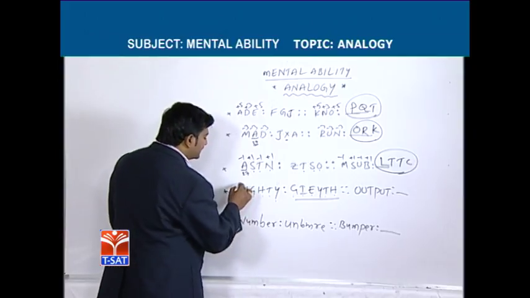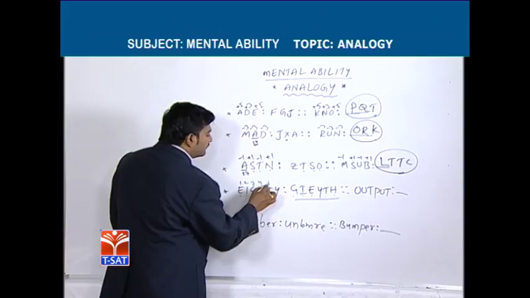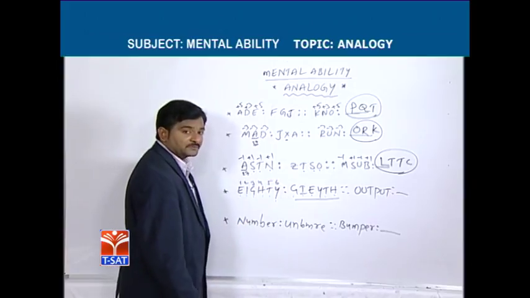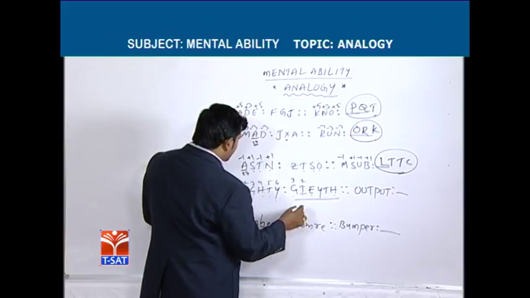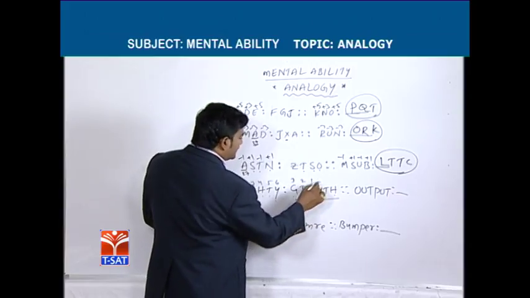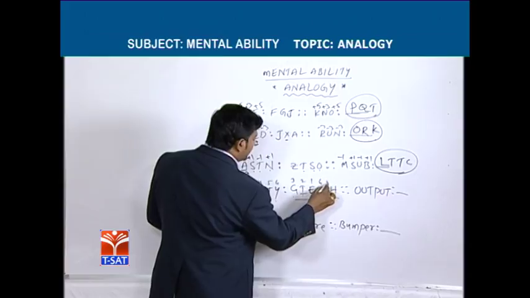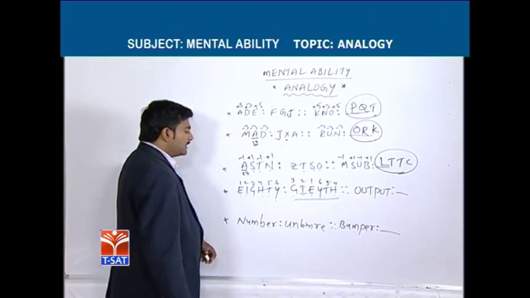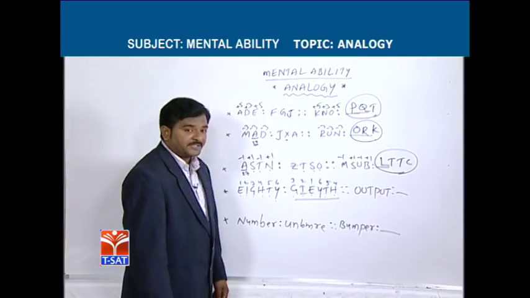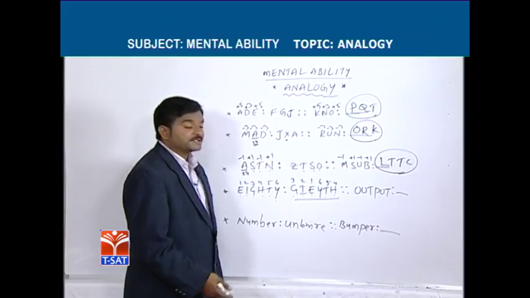What does it mean? Simply give the numbers 1, 2, 3, 4, 5, 6. If I give 1, 2, 3, 4, 5, 6, G means how much? 3. I means 2, E means 1, Y means 6, T means 5, H means how much? 4. Simply 1, 2, 3, 4, 5, 6 is written as 3, 2, 1, 6, 5, 4.